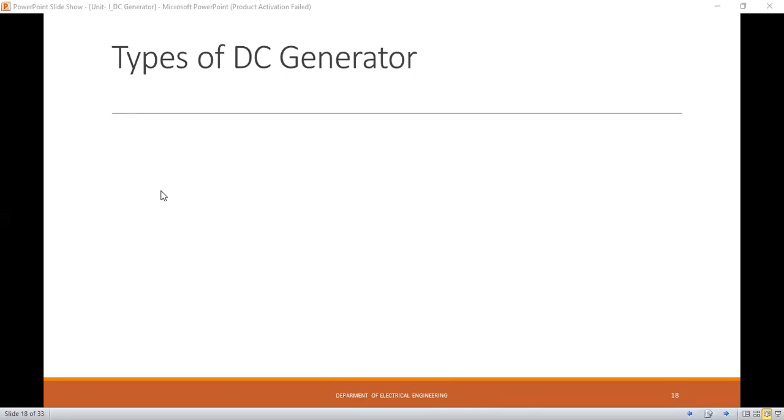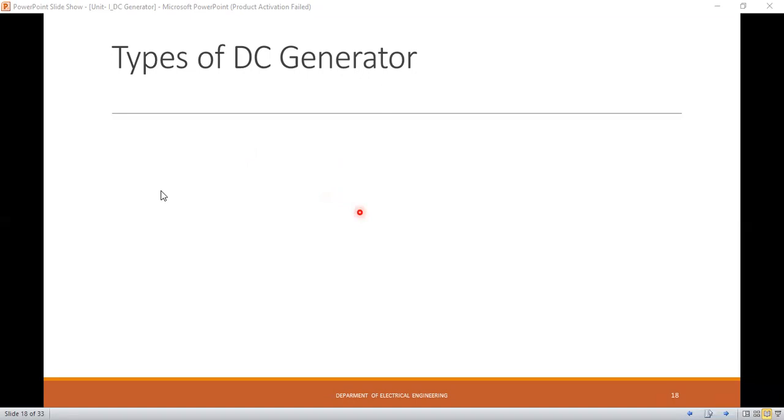In the previous lecture, we discussed the working principle of the DC generator. Also, we discussed the types of winding which are used in the DC generator. We understood how it works by considering a simple loop generator, or a single-turn generator.